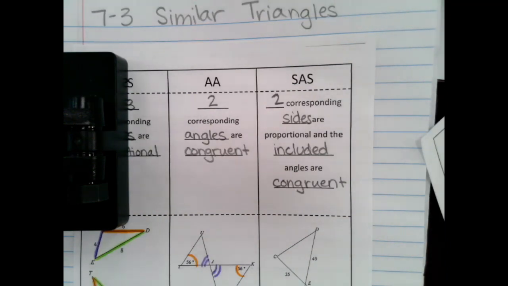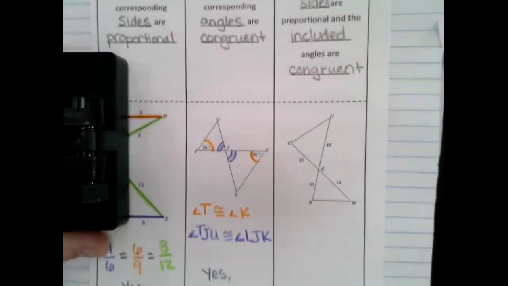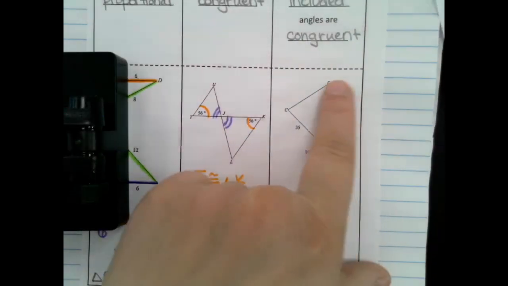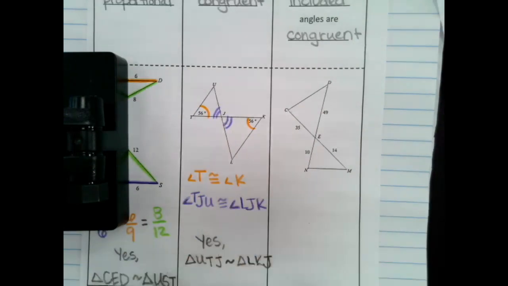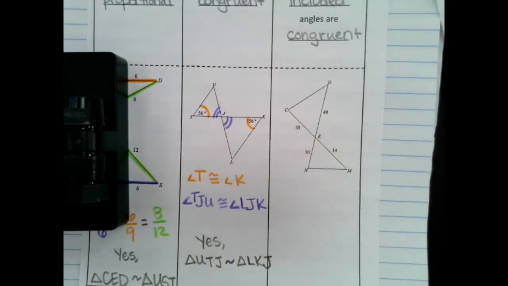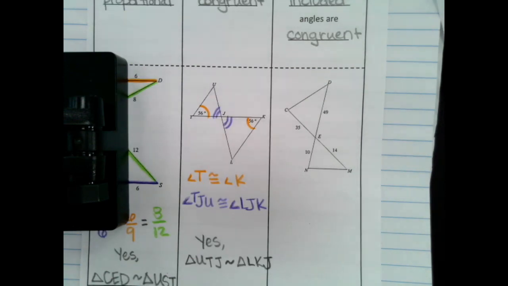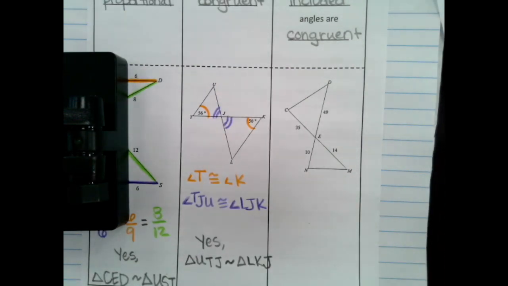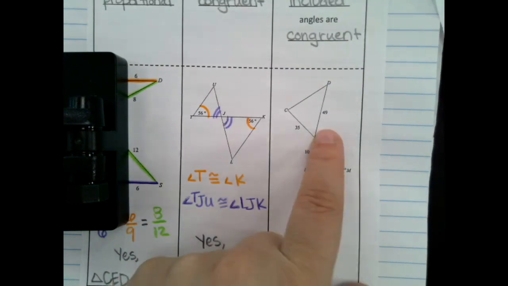All right, last example. All right, so first thing when we look at these problems is we want to identify what are we given. So what information do we see here? What's labeled? Sides, yeah, that 10, 14, 35, 49 sides.